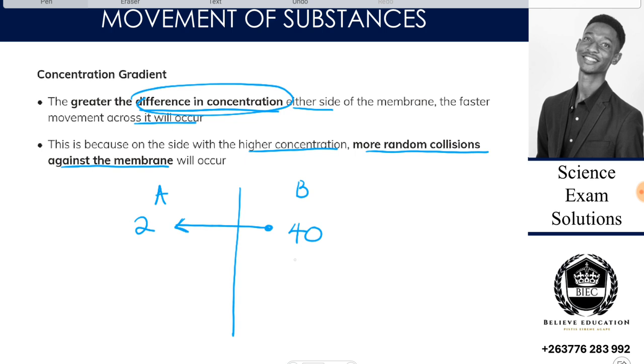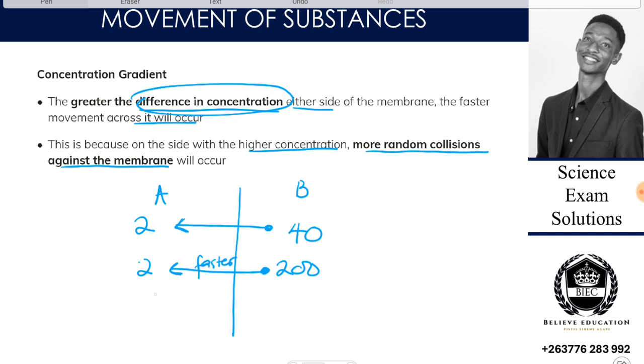So now let's say the concentration now becomes 200. So now the difference between 200 and 2 is bigger, about 198. So now our molecules will be moving faster.